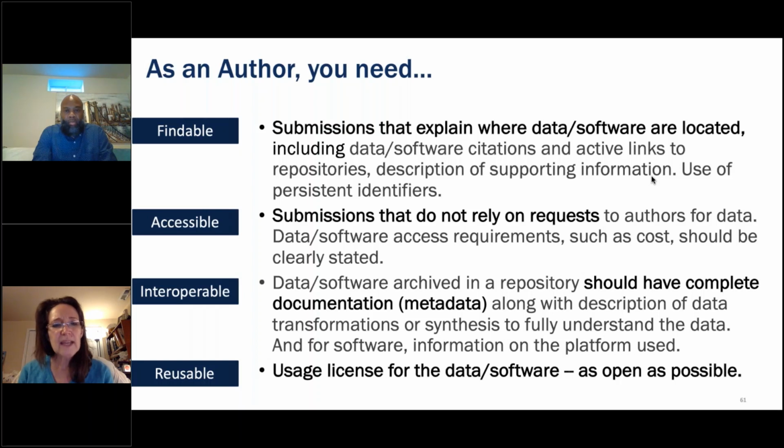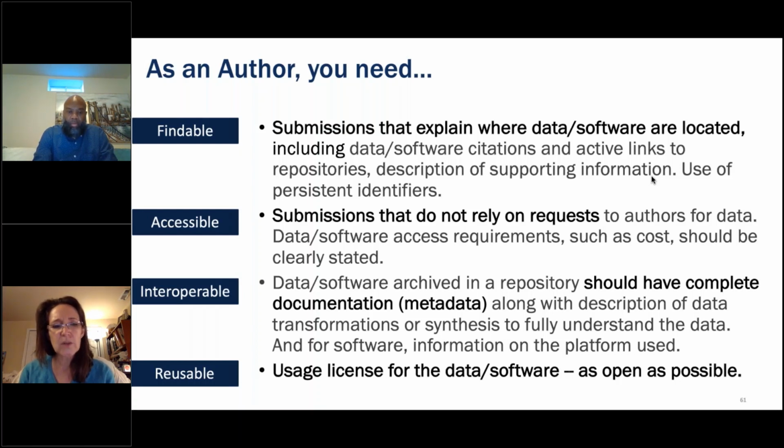And then you need to describe your data or software as best you can, following your community standards. That's usually described as metadata. And you can lean on your community to provide you with that information. And across AGU's domains, we're working to make that information even more clear, and communities to help with that. And then the usage license for the data or software should be as open as it can be.